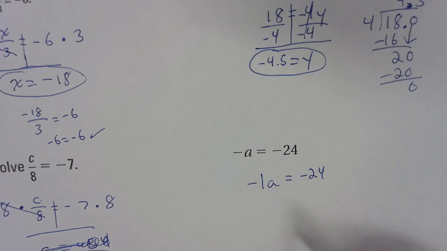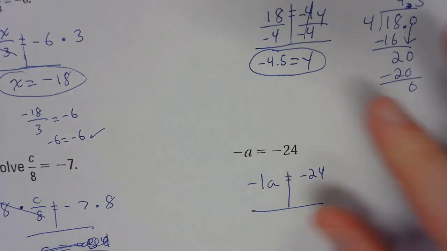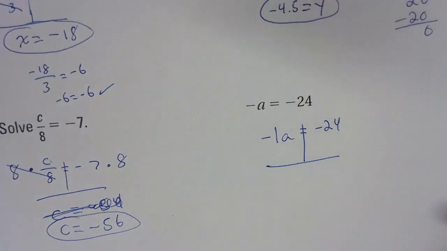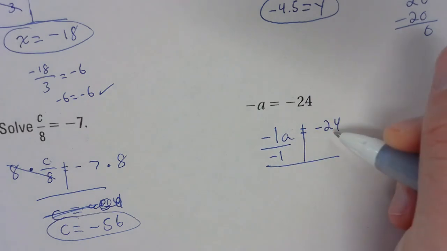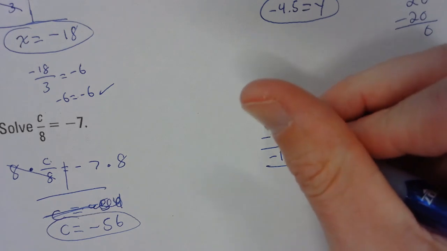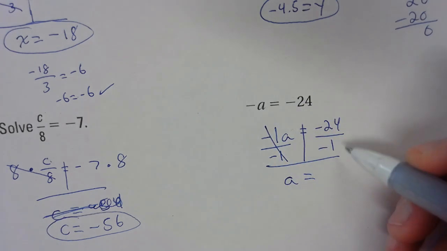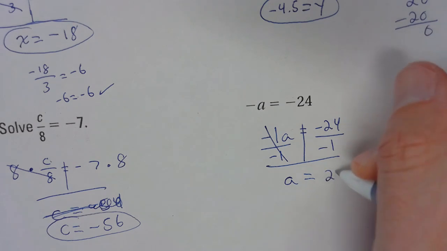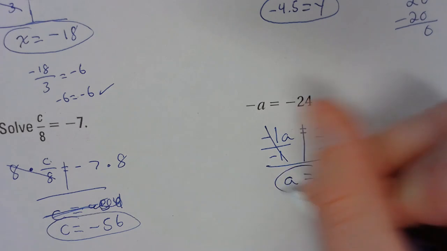A number next to a variable means multiplication. Remember, I undo multiplication by dividing. So the opposite of multiplying by negative 1 is dividing by negative 1. Whatever you do to one side, you do to the other. My 1's cancel. I bring down my variable. 24 divided by 1 is 24, and two negatives, the same sign, make a positive.